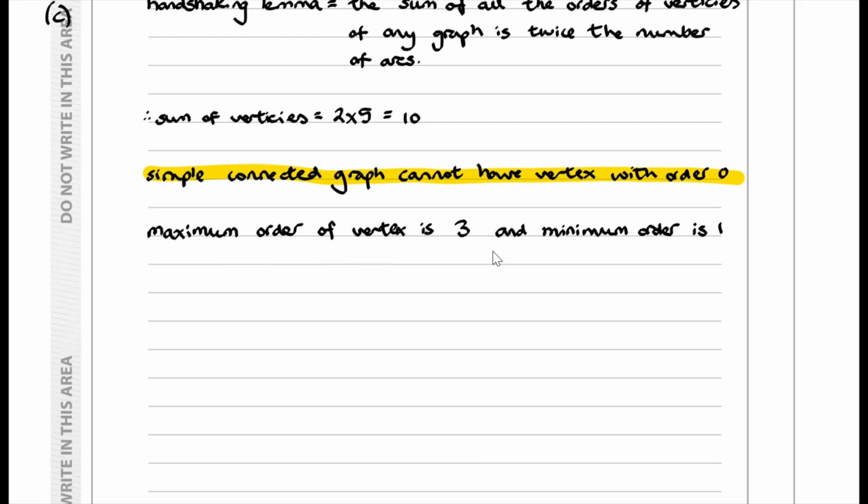So the maximum order of a vertex is 3 and the minimum order is 1, and of course this is true for a simple connected graph. Now remember, we have 4 vertices, and we want the total order of these 4 vertices to equal 10.